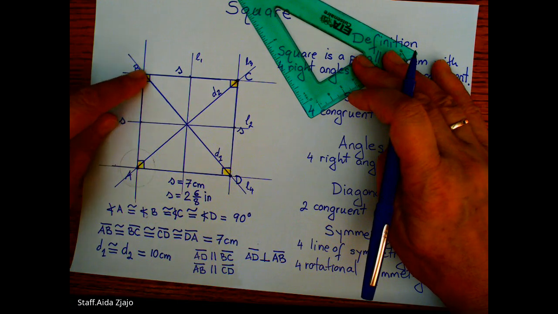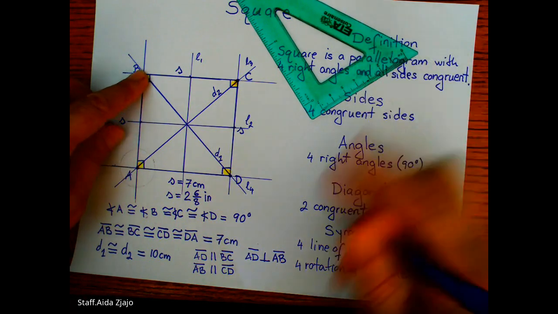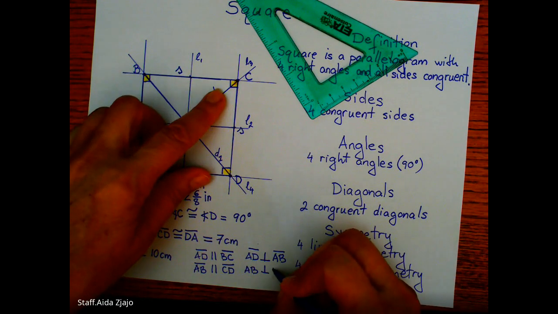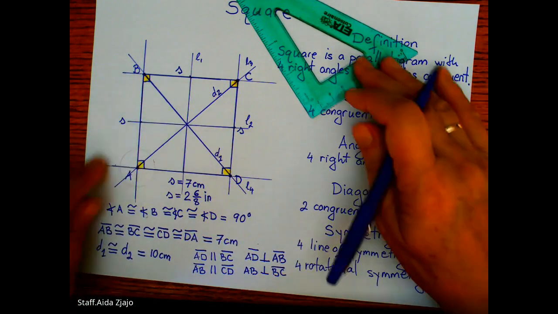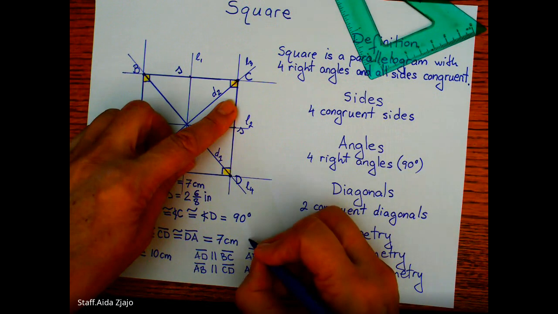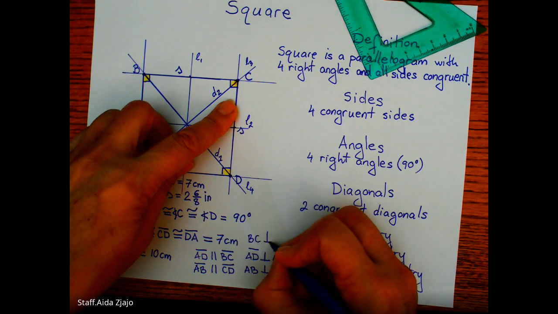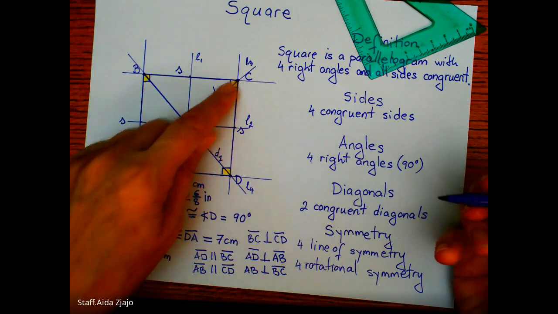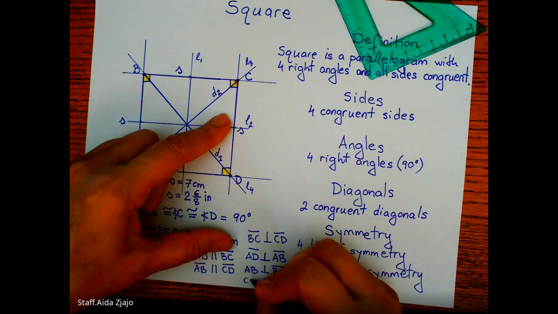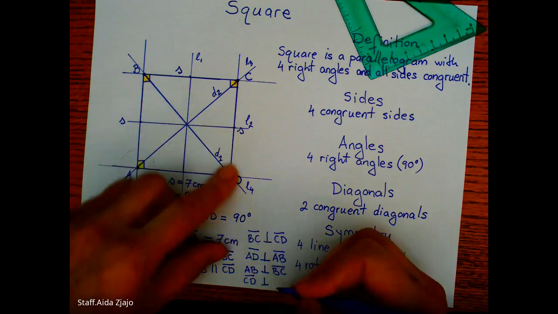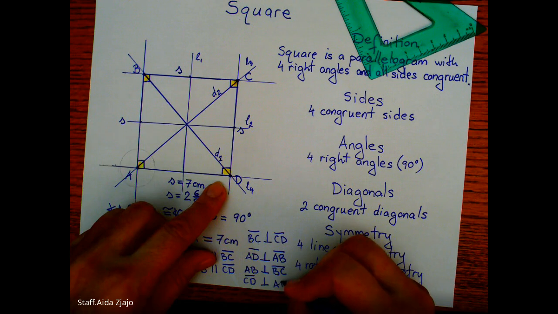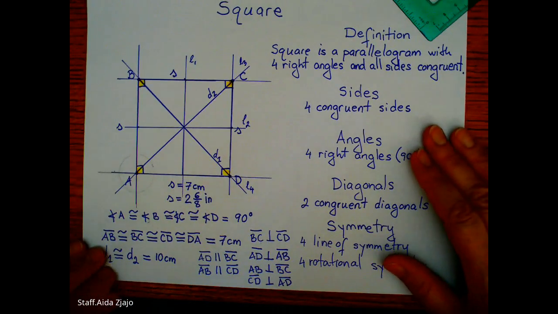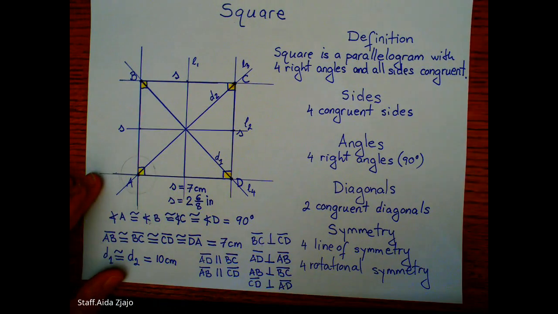So AB is perpendicular to BC. And then BC is perpendicular to CD. And also CD line segment is perpendicular to AD line segment. So we explored the perpendicularity of these line segments.